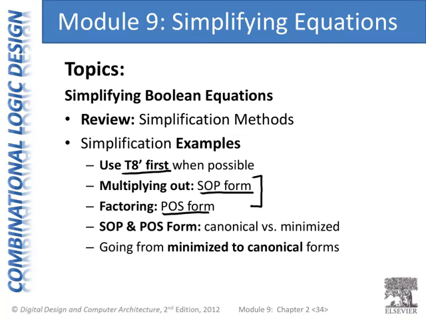And then we also revisited canonical SOP and POS forms and minimized SOP and POS forms, and talked about converting particularly from minimized form to canonical form. And then we can also go back from canonical forms to minimized forms of SOP and POS equations.